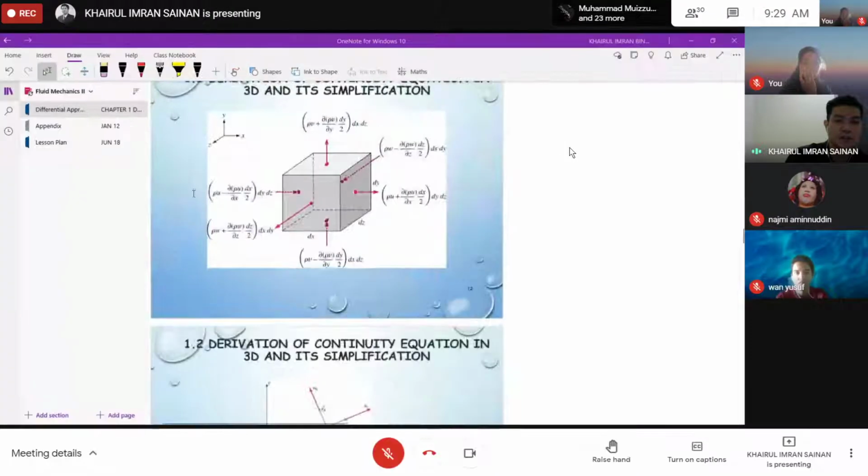If you have a fixed plate at the bottom, normally this black line is a plate, and the line at the bottom means it is a fixed plate.